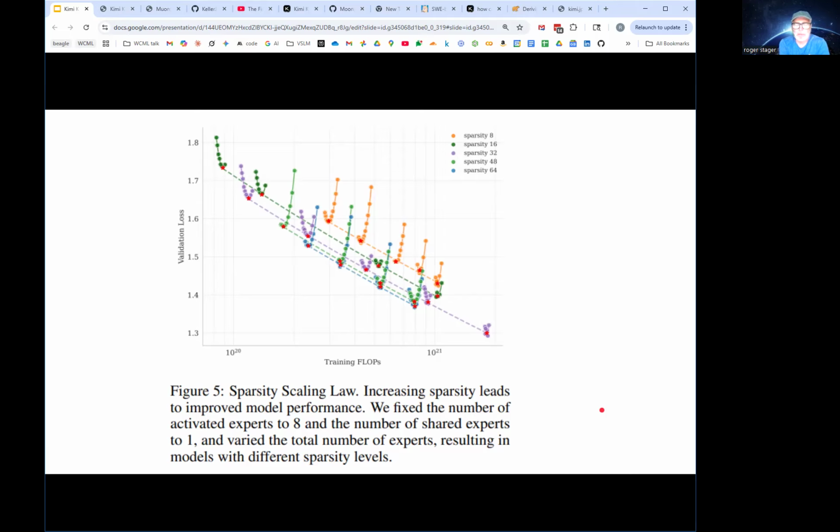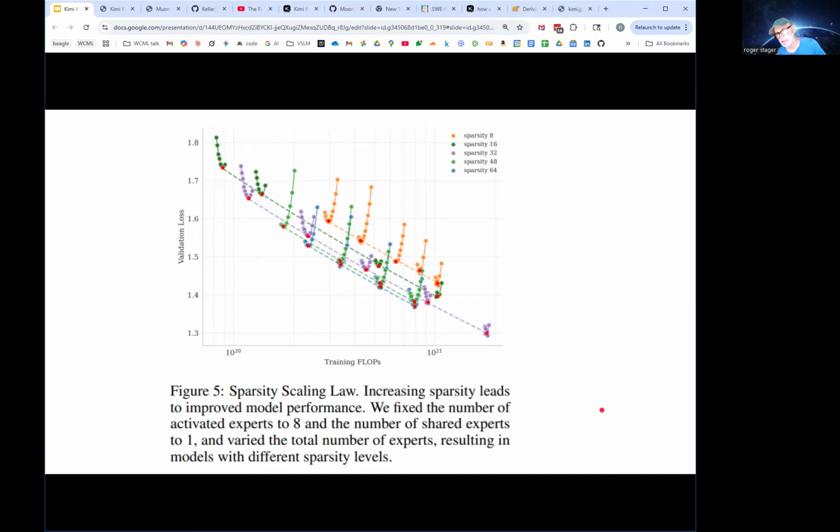Aren't the MLPs part of the experts, not part of the attention heads? So you could have a large number of attention heads, but you also need to have partitioned your MLP space into the experts. Does that make sense?